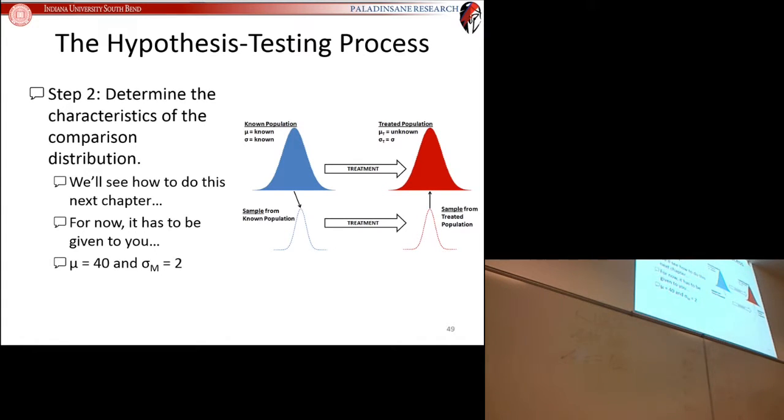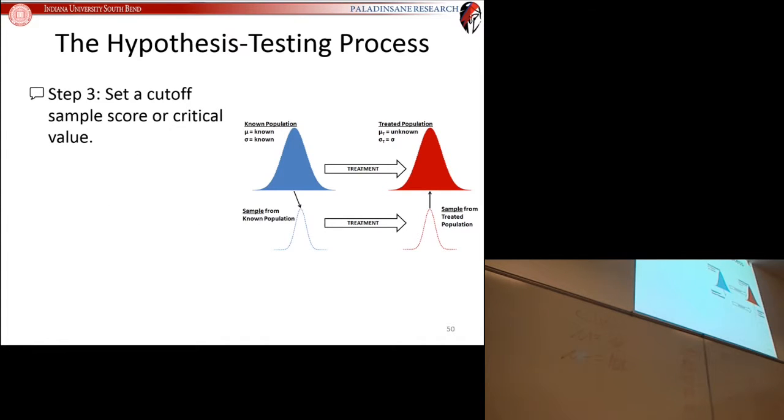So this distribution of sample means that is made up of all these different samples has a mean of 40, same as the general population, and it's got a standard deviation of 2. All right, so that's our comparison distribution.